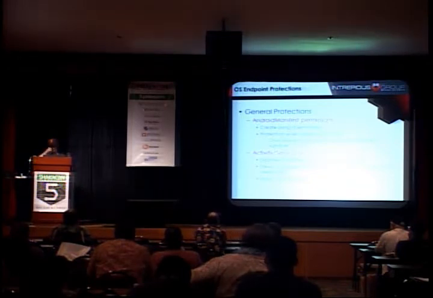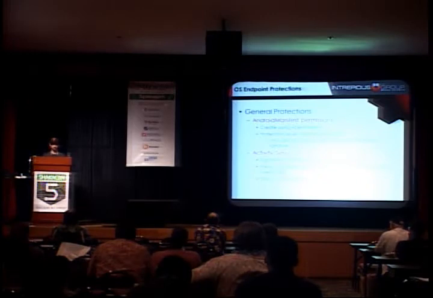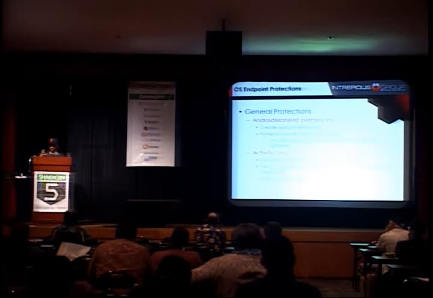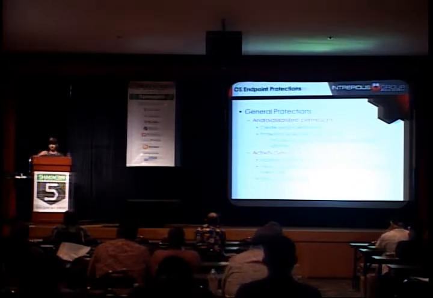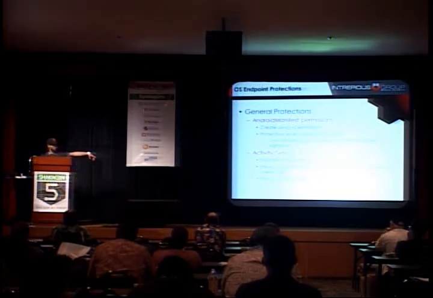You can also set all your activities and services and receivers to be exported equals false, which means your application can access them. So one portion of the application can access another portion, but nobody else can access them because they're not exported. So post 4.2, it's a little bit different story.